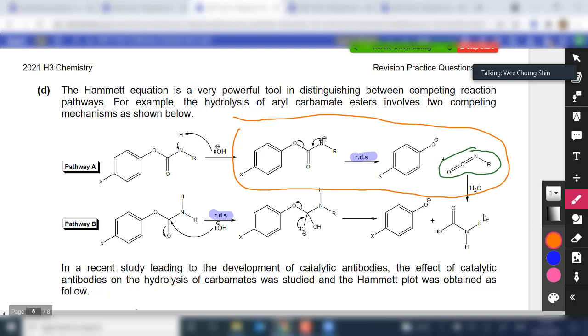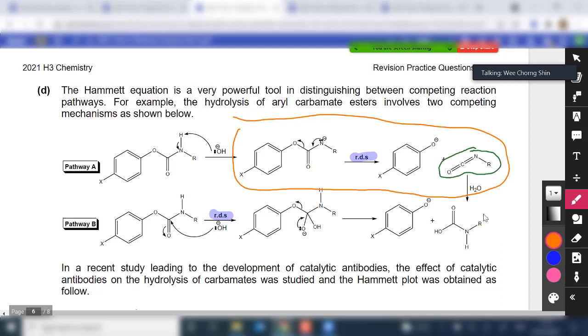The negative charge is developing at the phenoxide oxygen. That means that any change in X will make it sensitive to substituent effect, right? Because the negative charge is developing at the O minus, delocalized in the phenol ring. That's the main thing you need to recognize.